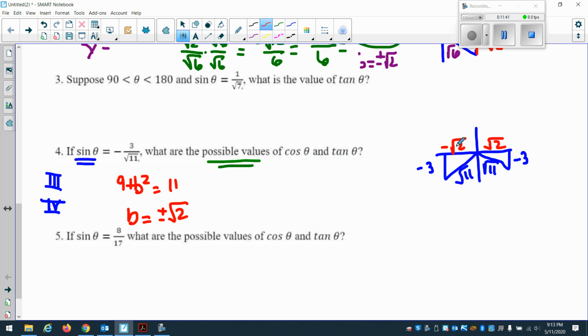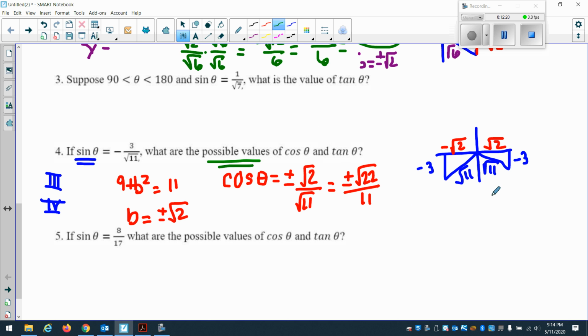So cosine is adjacent over hypotenuse. So cosine of theta is plus or minus, because it could be either, root 2 over root 11. Rationalize, and you end up getting plus or minus root 22 over 11 for cosine.